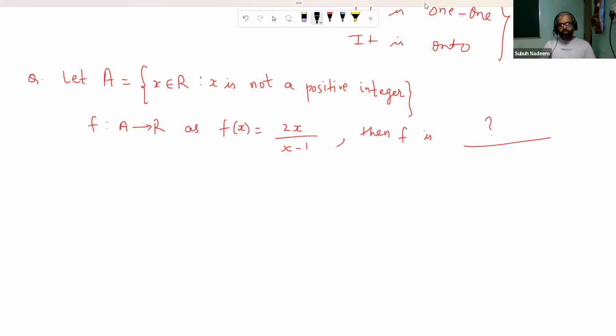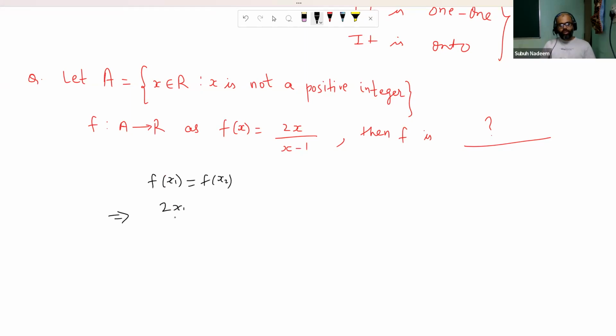Have you tried? Would you like to share how you are doing it? So first, for 1-1 or many-1 you can do it like this: f of x1 is equal to f of x2, and then proceed.